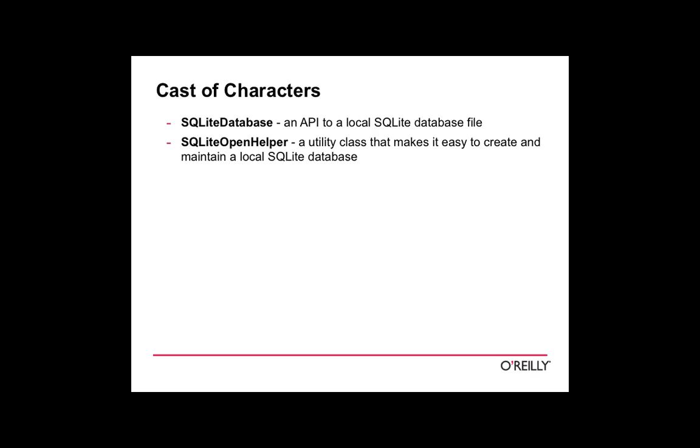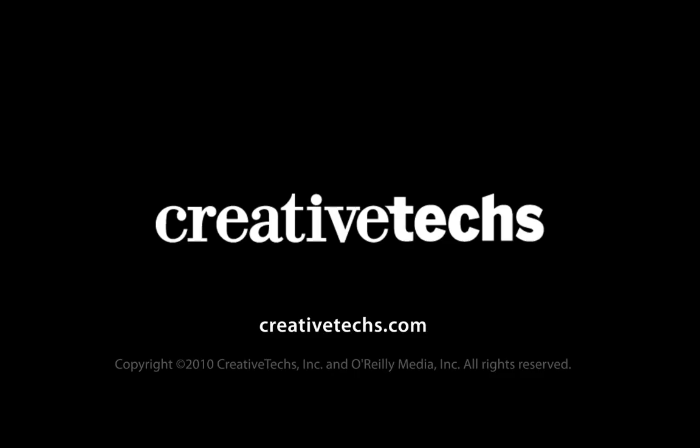In either one of those cases, the SQLiteOpenHelper will figure out if the database exists for you and create it if it's not existing. And if it doesn't exist, it will give you some callbacks that allow you to set some things up, and it also gives you a way to manage different versions of the database so that you can upgrade databases as you upgrade your application for customers that already have your app installed.